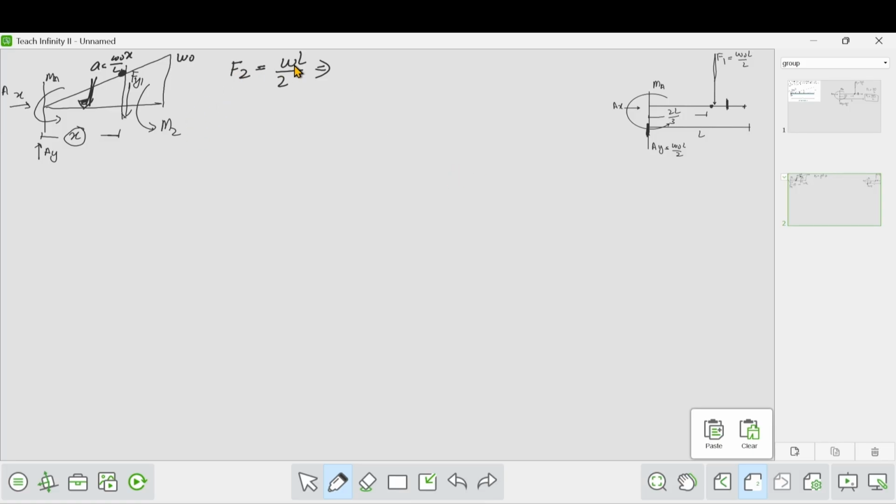Sorry, this is omega L divided by 2. So this whole is omega, and omega is A L divided by 2. Here the length is X, so it is X divided by 2.